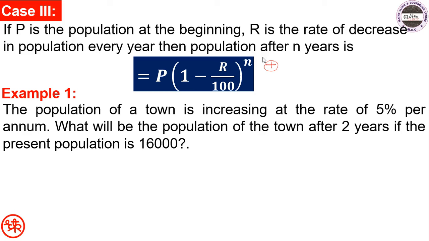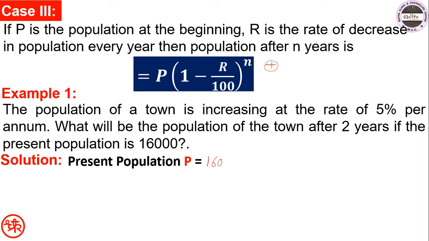Now look here. The present population is 16,000. The rate of growth of the population is 5% every year per annum. What will be the population after n years?